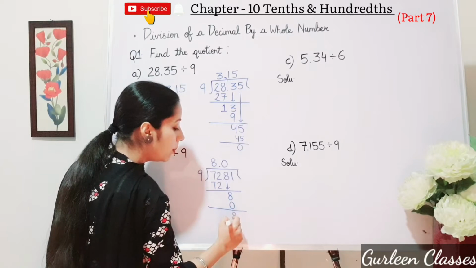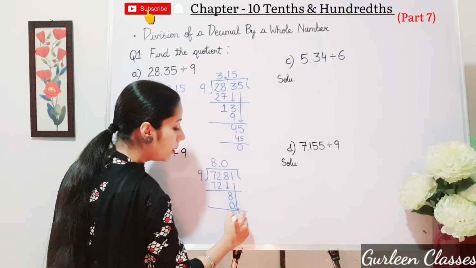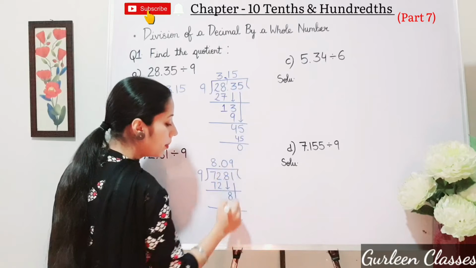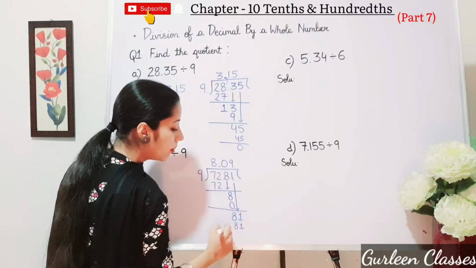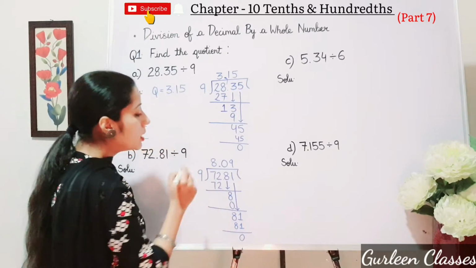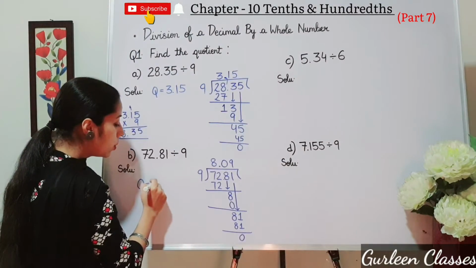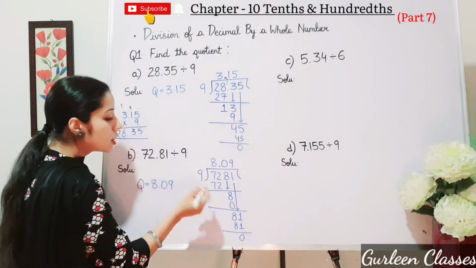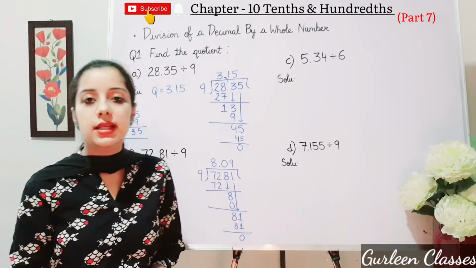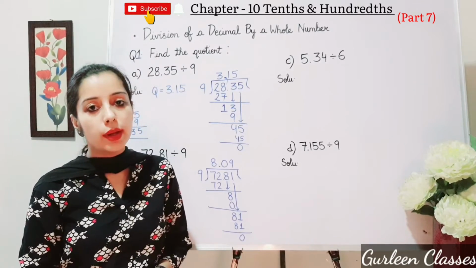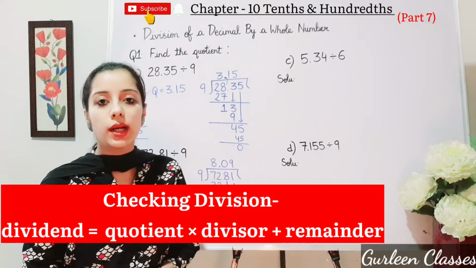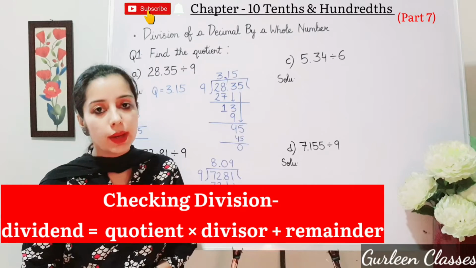Again this 8 will come down with 1. 9 9s are 81. Remainder is 0. So the quotient is 8.09. Students, you can check this division by the same formula which I told you: dividend is equal to quotient into divisor plus remainder.